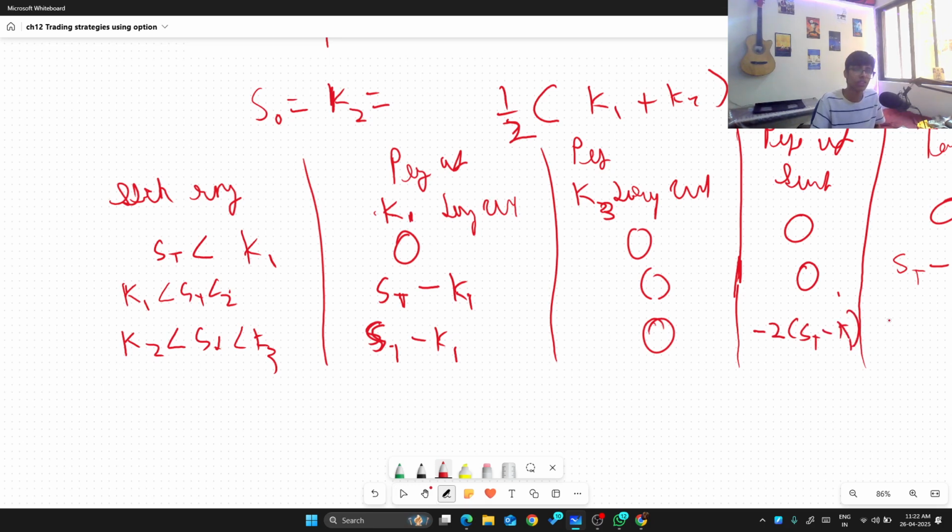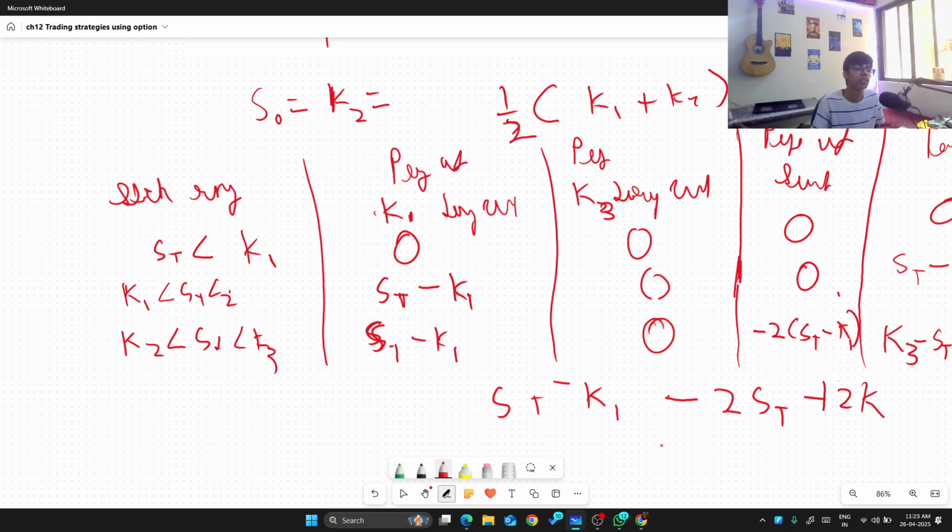So after solving some basic algebra, we will get K3 minus ST. You can do it. It is simple, right? So let me do it. ST minus K1 minus 2 ST plus 2 K1, right?